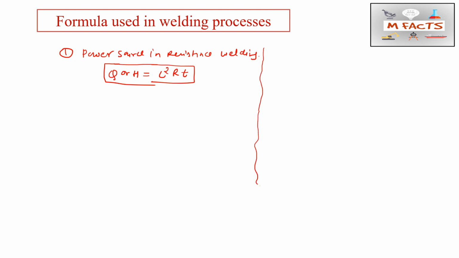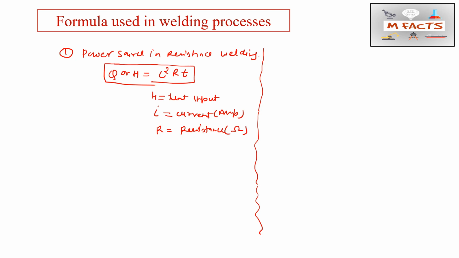So this is the practice session, so we can do the variations as much as we want. This H is basically the heat input or heat generated. Sometimes in some applications this is also known as heat generated. This I is current, and the unit for this current is ampere. This R is resistance, and the unit for resistance is ohm.